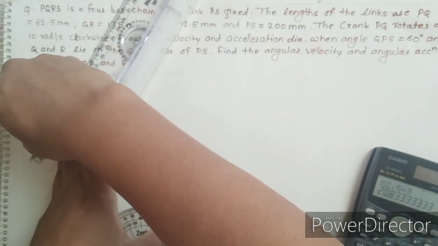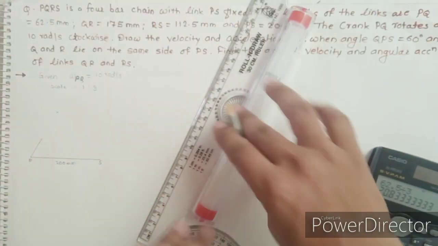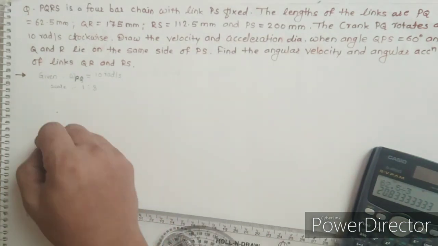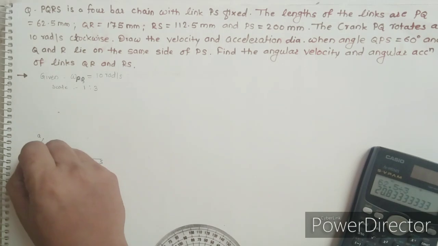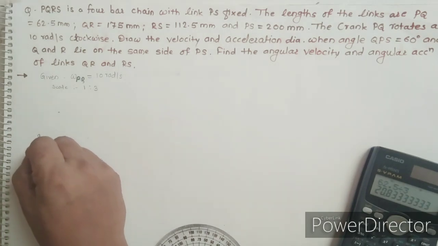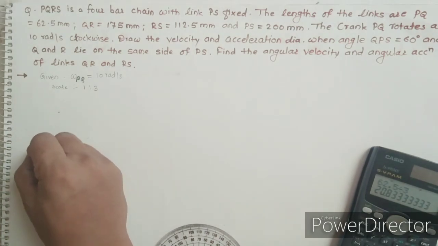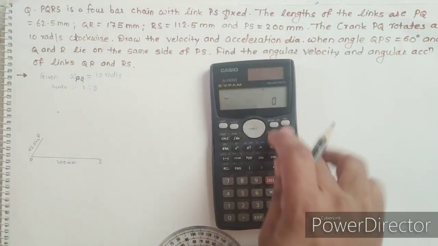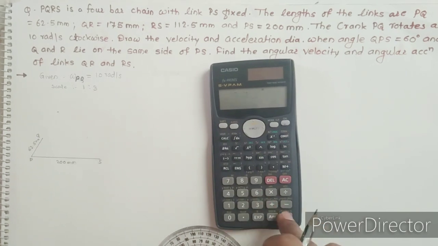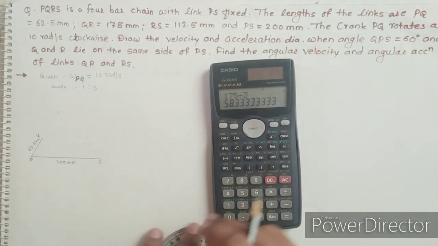Here I have drawn PQ, which is 2.1, but the given dimension is 62.5 mm. Now next is QR, 175 mm. 175 divided by 3 is 58.33, that is 5.8 centimeter.